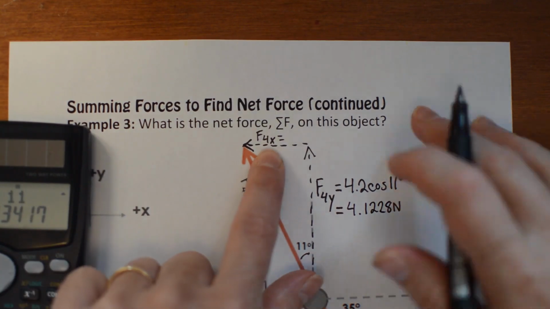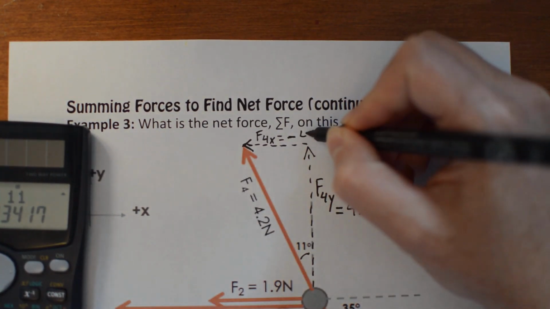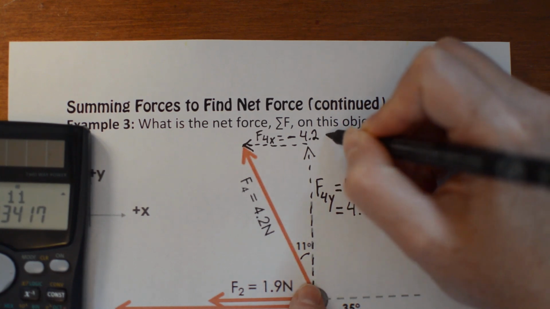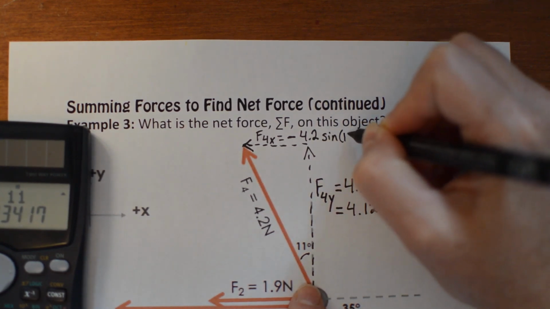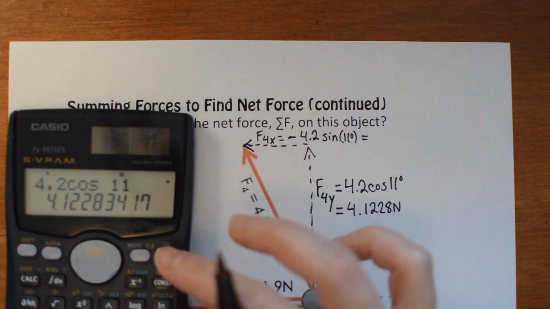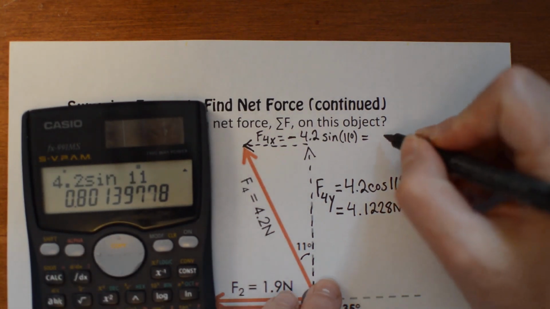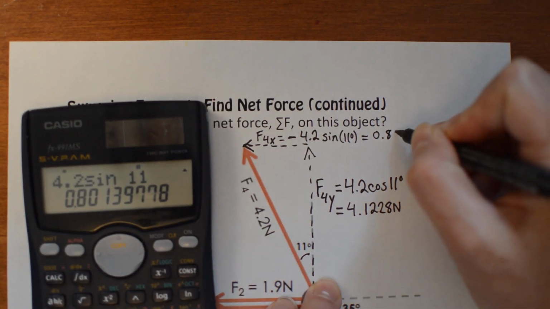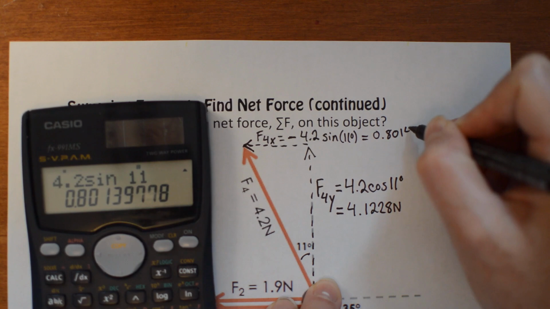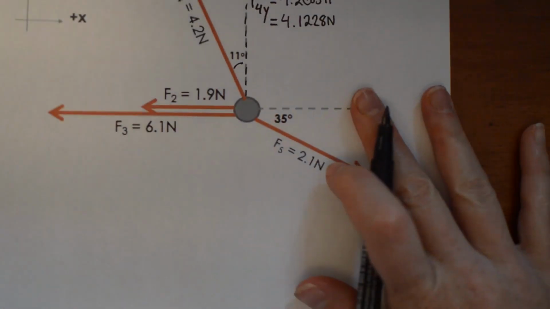And for F4x, it's going to be negative, right, because it's backwards. The hypotenuse, 4.2, and the sine of the 11 degrees. Sines are far away, if you want to remember that trick. So it'll be 4.2 sine of 11. That gives me 0.8014 newtons.